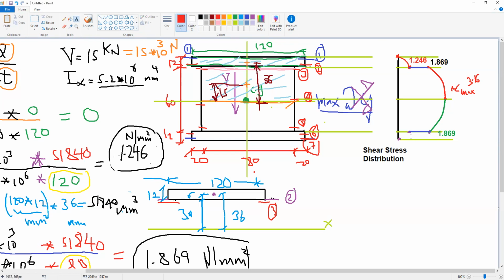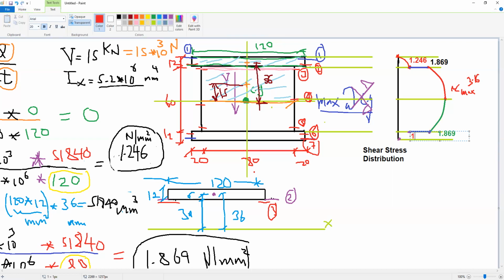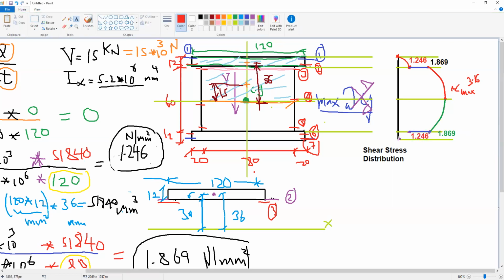The value here is 1.246, and the value here is 0. So we connect these two together with a curve as well. So from here to here, we have a curve like this.